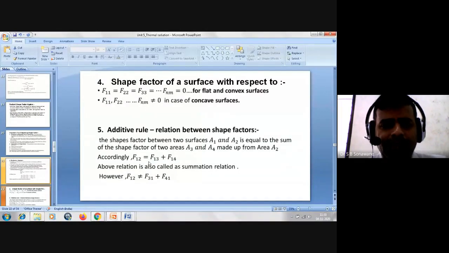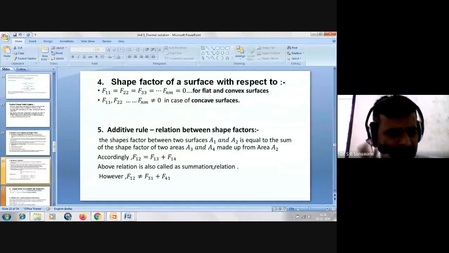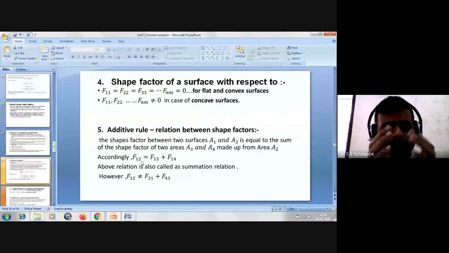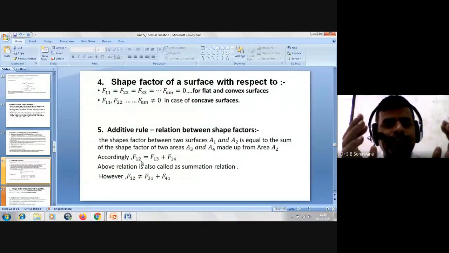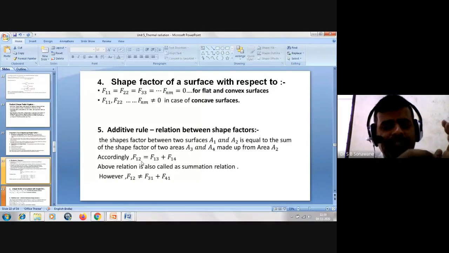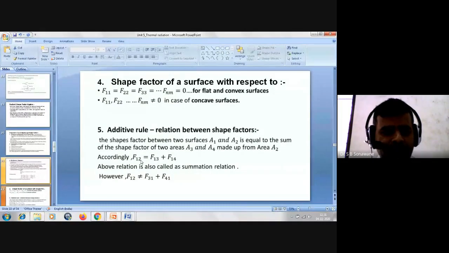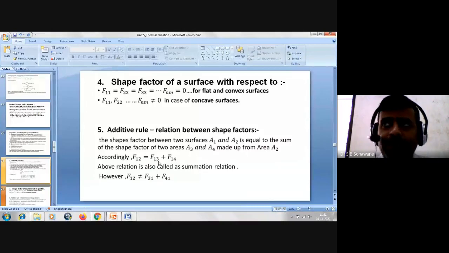Now, if we have surface 1 and surface 2, and I divide surface 2 into two surfaces like 3 and 4, where A2, the area of surface 2, is equal to the area of surface 3, A3, plus A4.